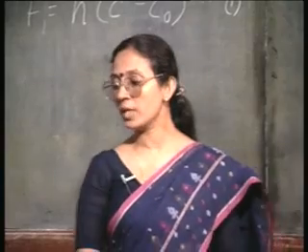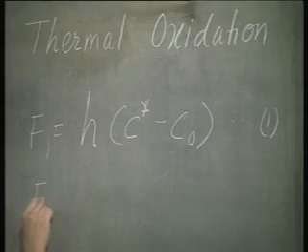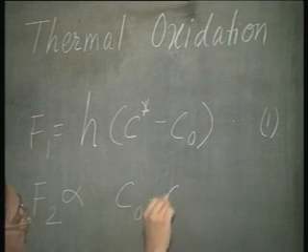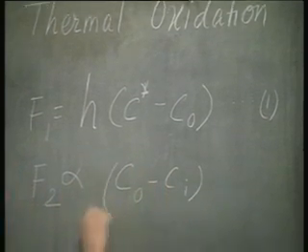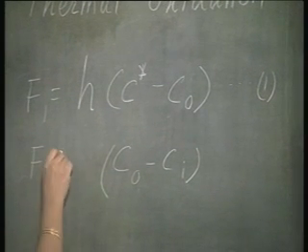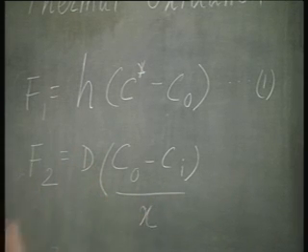So, F2 should be proportional to that. And the proportionality constant is called the diffusion constant. X is the existing oxide thickness. Okay?